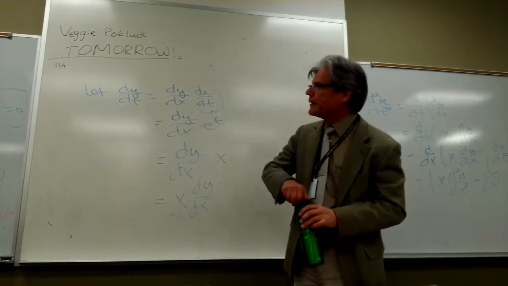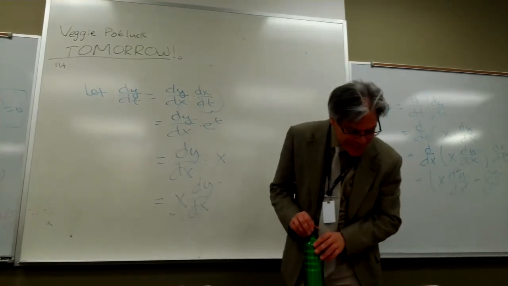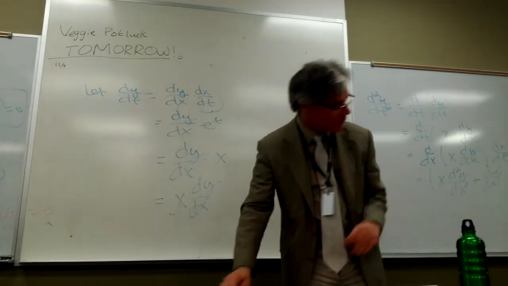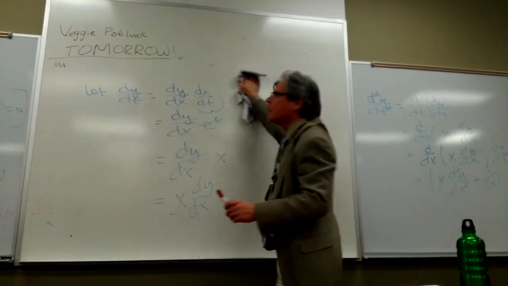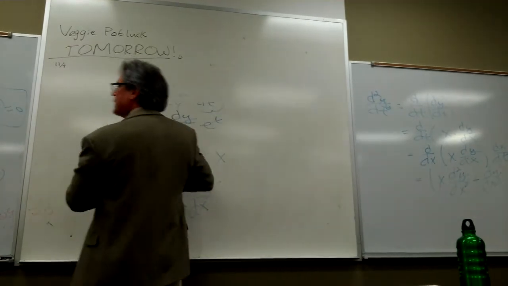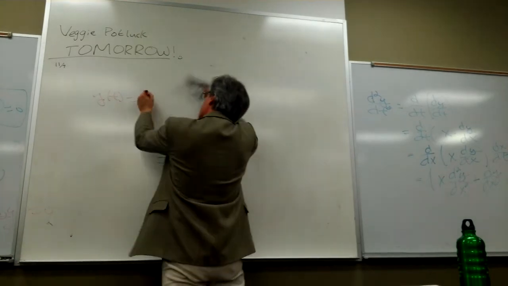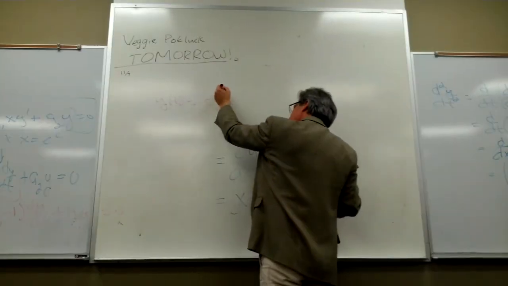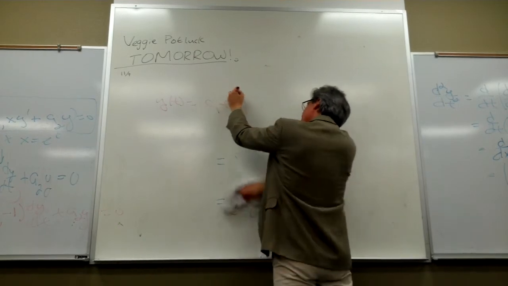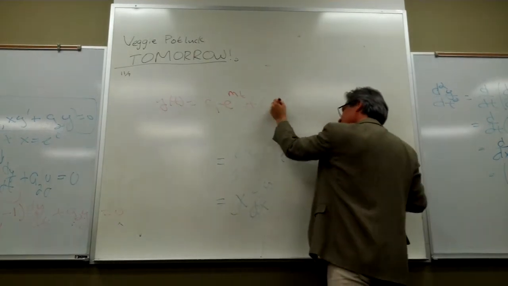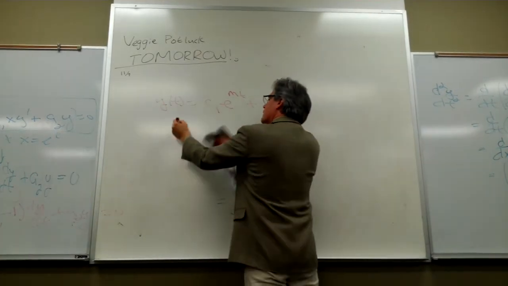Well, that being said, I don't know if I've answered the question. It's been too long. Oh, I haven't solved this DE. Jeepers. And to solve this DE, I think in the end it simply means that y as a function of the variable t is going to be nothing more than c1 times e to the mt plus c2 times e to the negative mt. Oh shoot, like I said, we've got to back substitute.